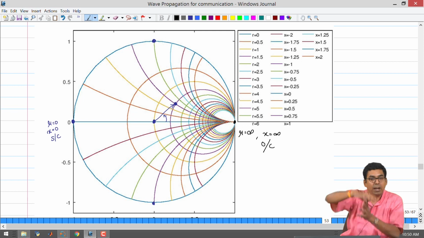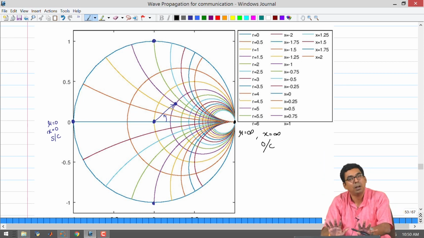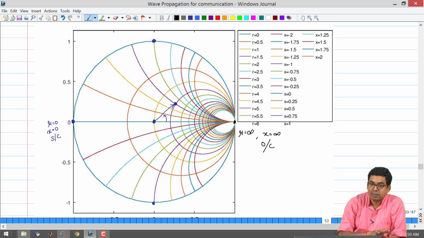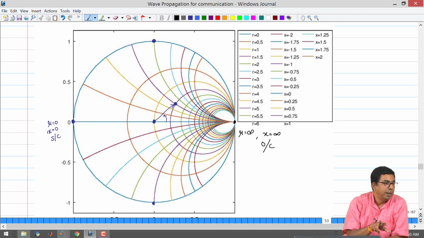So, it should be flaring out from the right hand side. This is the normal orientation of Smith chart that people use. What they do for admittances is that they flip the axis. Okay. So, instead of having the positive axis, they will mark it the negative axis and simply continue to do the problem. But there are some nuances to that and we will have to see them in detail.